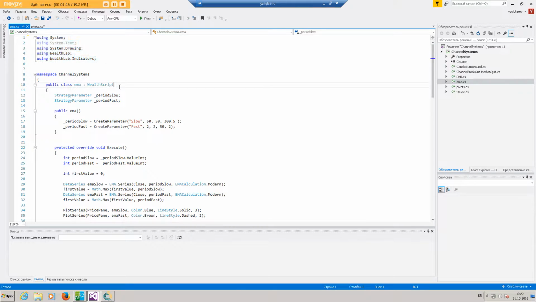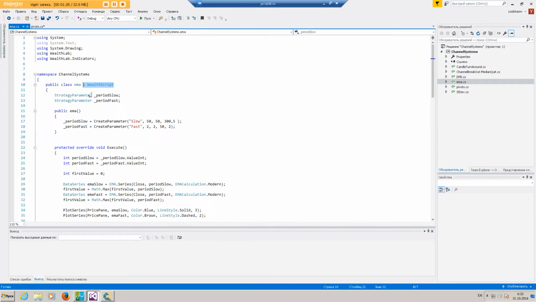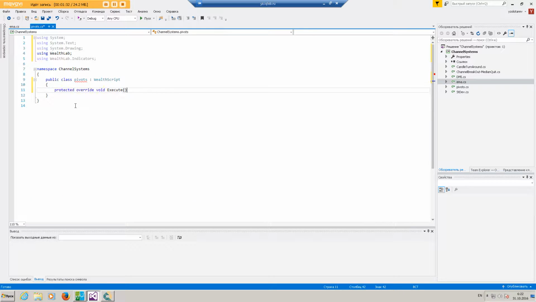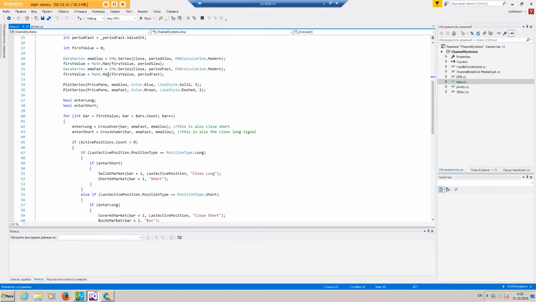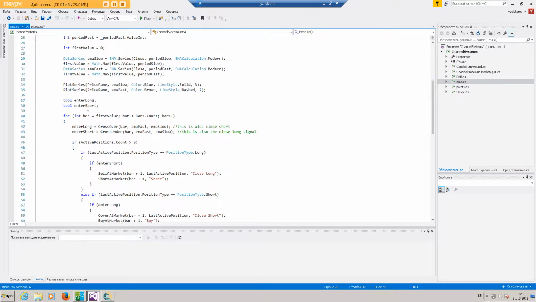Just to save time, because we have a lot of work to do with pivots themselves, I'm just gonna copy the usings and the main method, which is the execute method, which is the main method that WealthLab uses to execute everything.